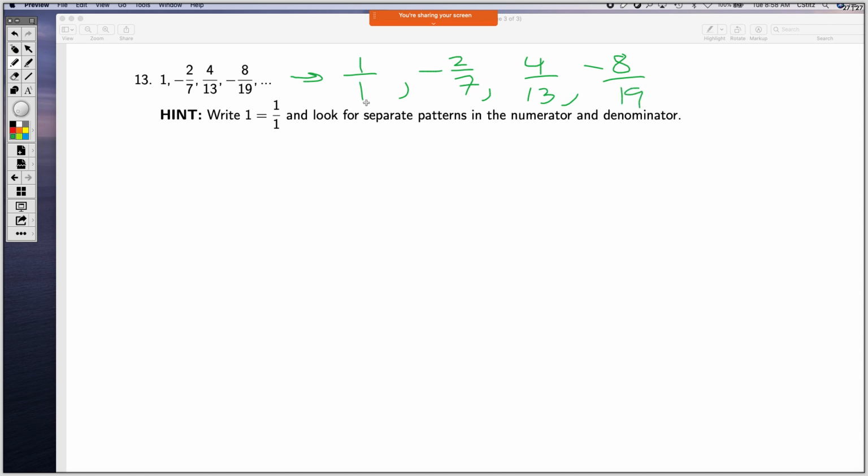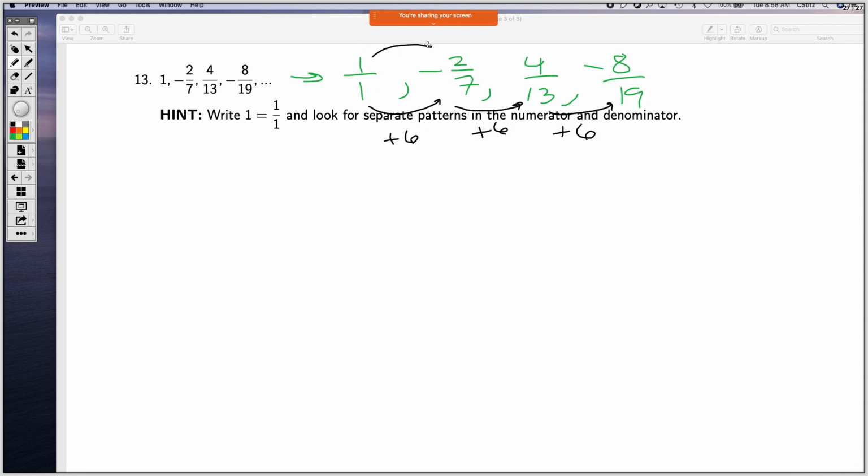It looks like in the denominator I'm seeing a pattern. So what's the pattern in the denominator? I'm always adding 6.